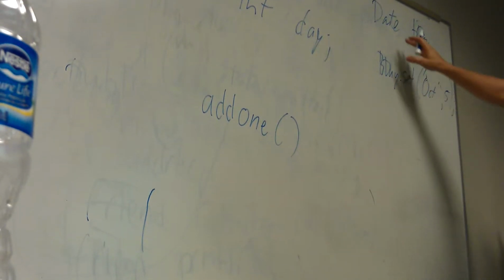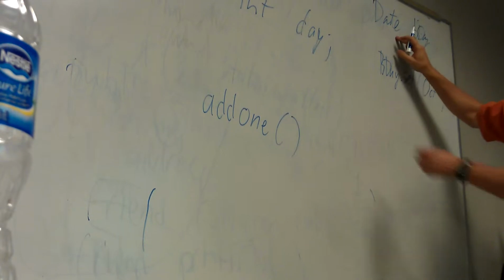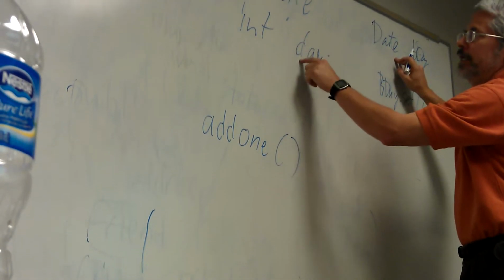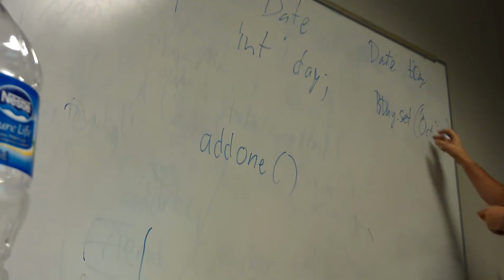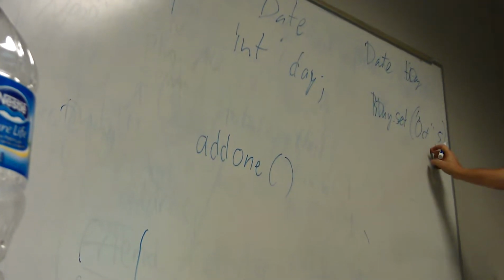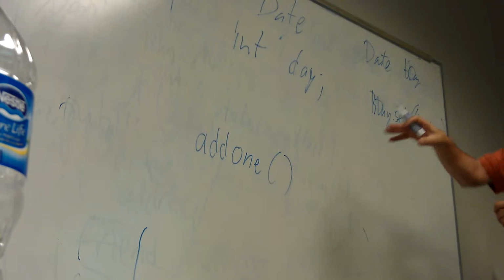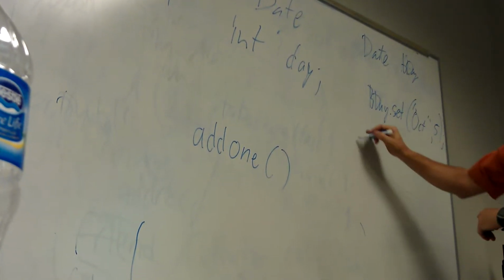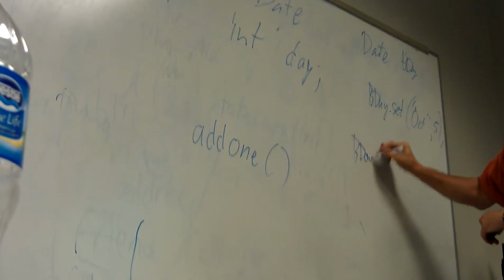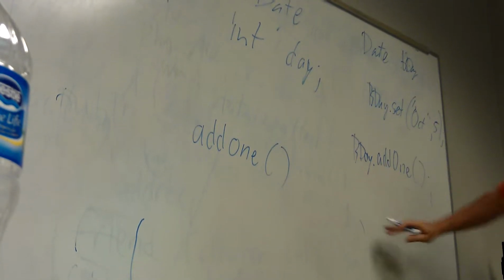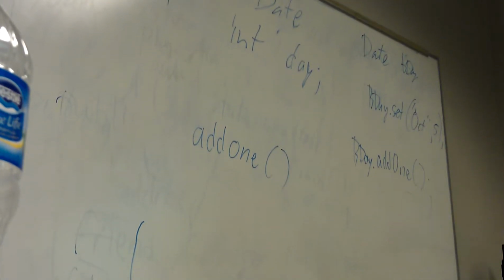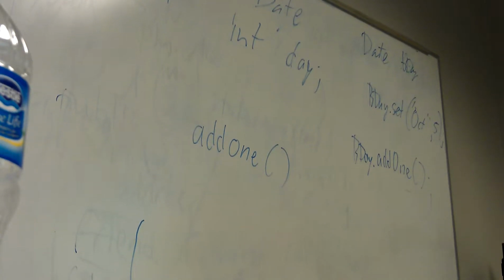So I say date is a thing that has a date, and my birthday is a date, and I'm going to set it to October 5th. Now I want to add 1 to that day. So I can say bday.add1. Let's say I got my day wrong. It's changing my birthday.